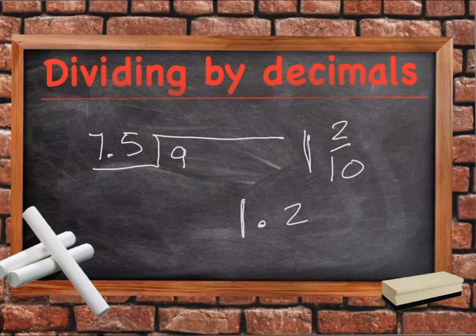For example, the 2 is a part of 10, which means it's only 2/10. And in decimals, it goes from tenth to 100th to 1,000th, and on like that. So now that we understand what the decimal is, we can start with the dividing.